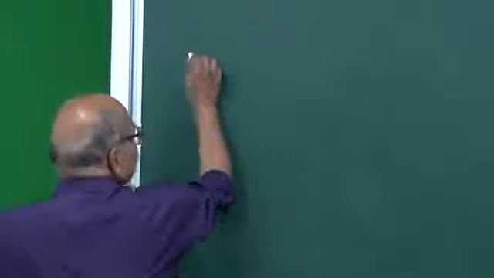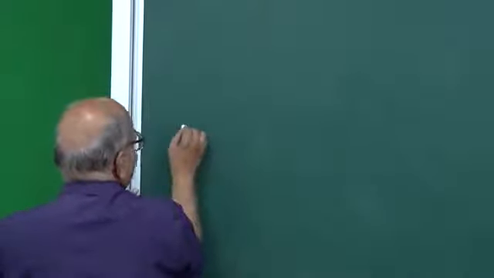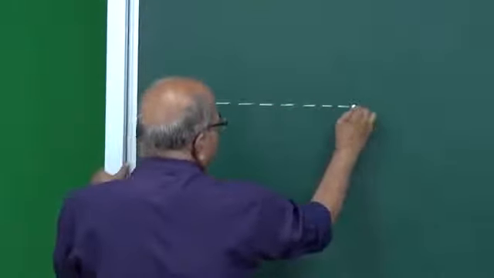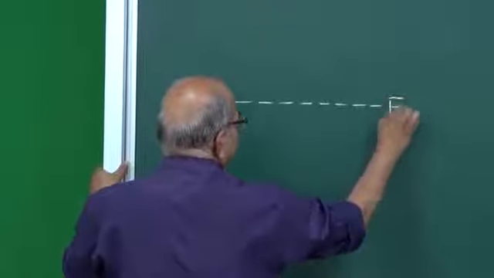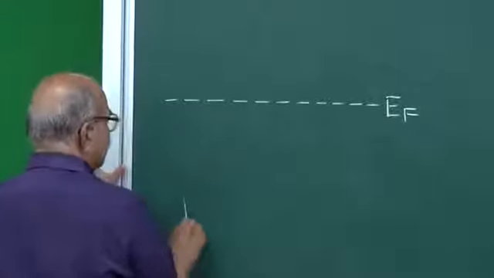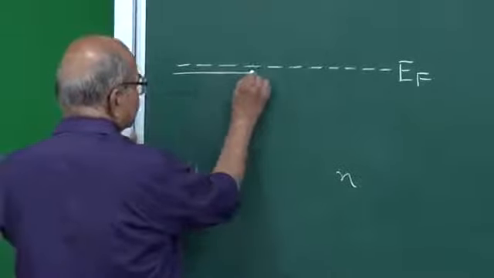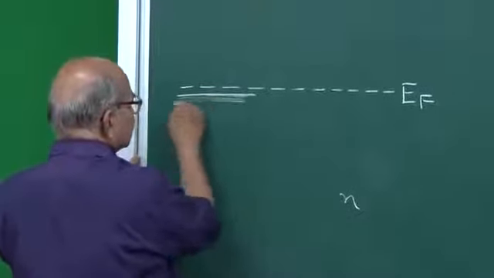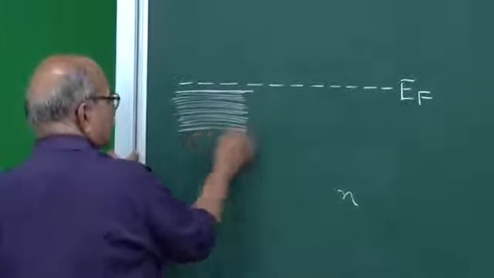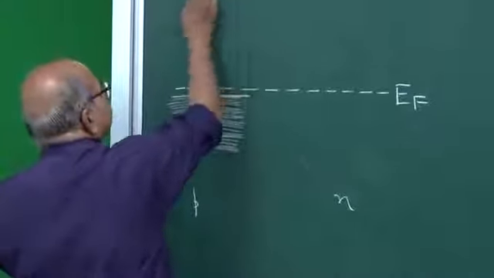Once again, before the cell was applied, you had a constant Fermi level for the entire material. Then this is P side and this is N side. So here the valence band starts here. This was the valence band. The conduction band was here.